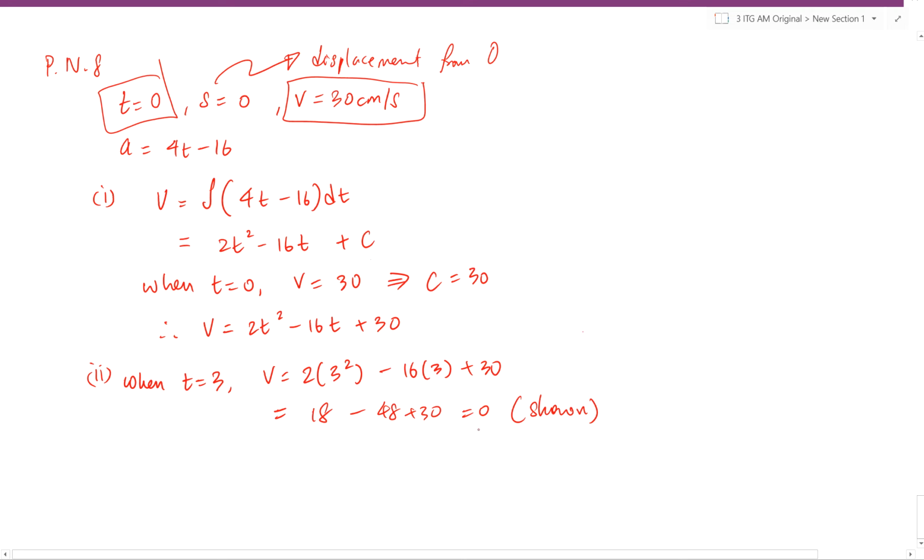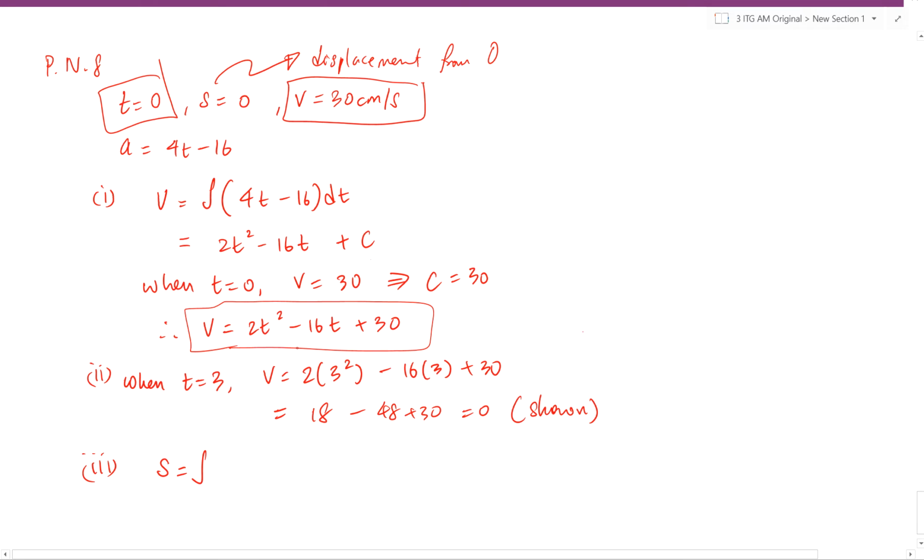When t equals 3, velocity is 0. Instantaneously at rest. Part 3. Find the displacement when t equals 3. To find the displacement, we now need an expression for the displacement, which we don't have yet. So s is now integrating our velocity.